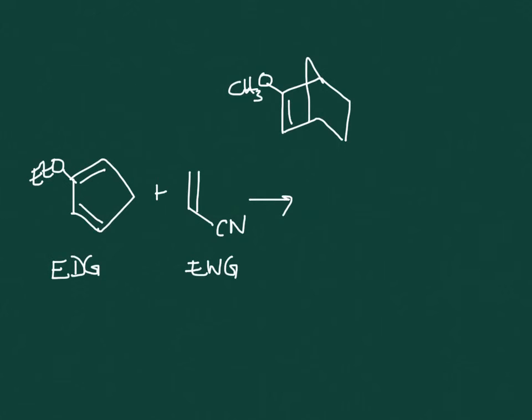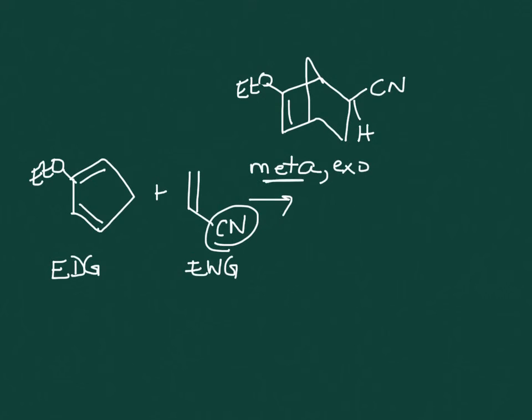Okay, so here is my cyclohexene with the ethoxy substituent. Now, this cyano group, it can be meta and exo, because it's the 1:3 relationship.